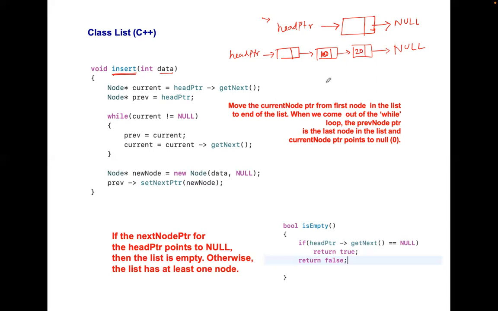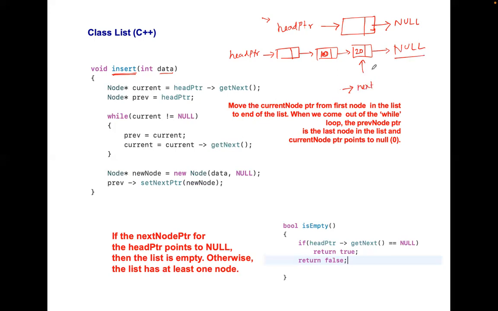So how does the insert function work? We're going to target the last node. And how do we know which one is the last node? The last node will have a next pointer that is a null pointer.